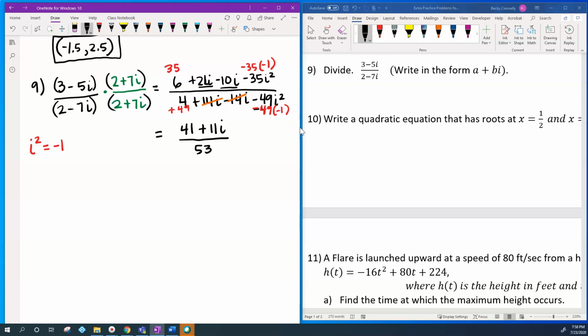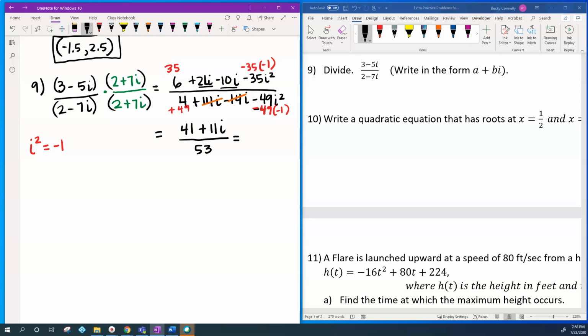But remember, it's not going to accept your answer in this form, because notice on the instructions it says write in the form a plus bi. So how do we need to write this so that it's in the correct form? Can somebody tell us? Do you multiply by the conjugate again?